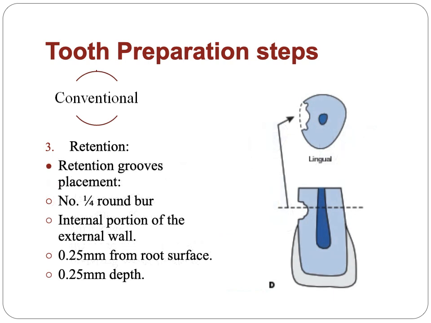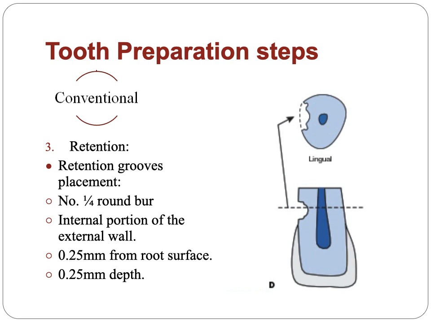Now the bur that we use for the retention groove, usually we use the smallest round bur, quarter round bur. The position is usually on the internal portion of the external wall, and it should be 0.25 millimeter from the root surface and 0.25 millimeter in depth. Now all those steps will be explained in the lab, and I hope that you can do it in the lab. So it's better for you to visualize the area of retention and how to place the retention groove by yourself in the lab.